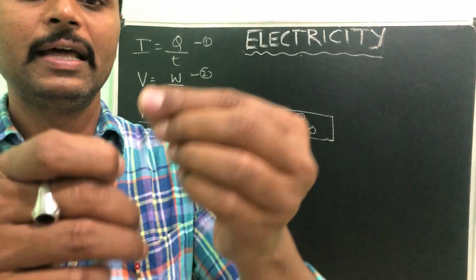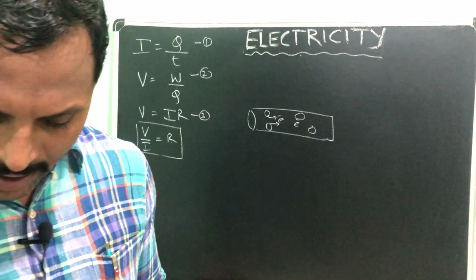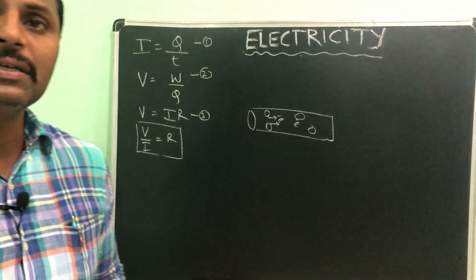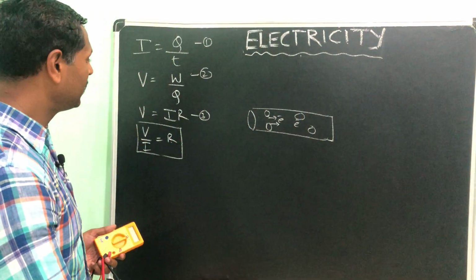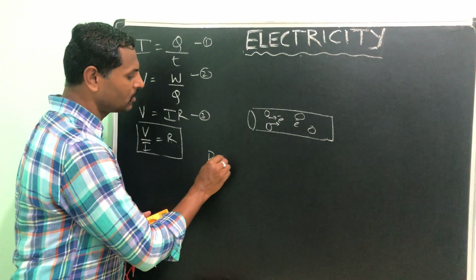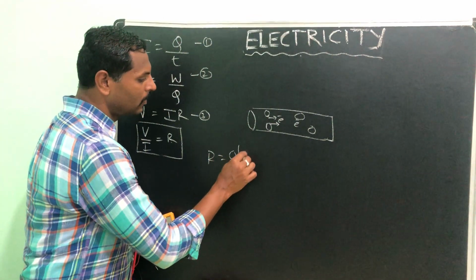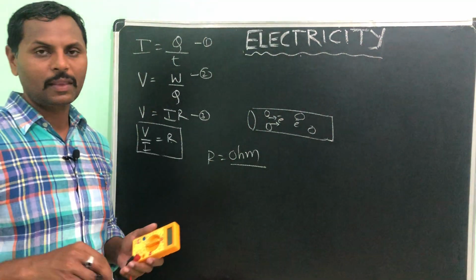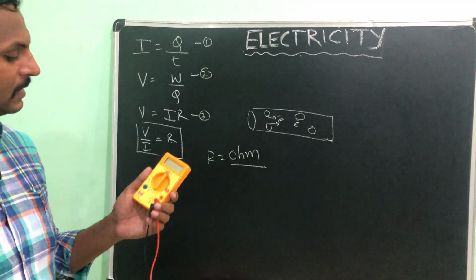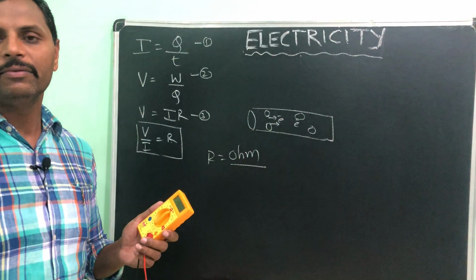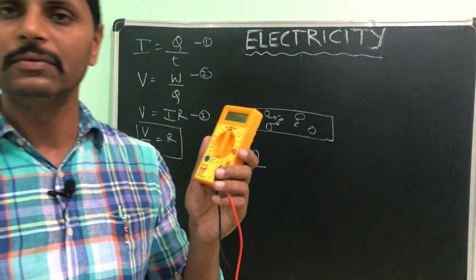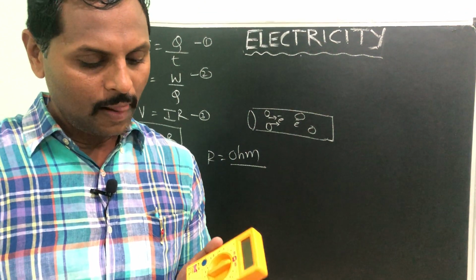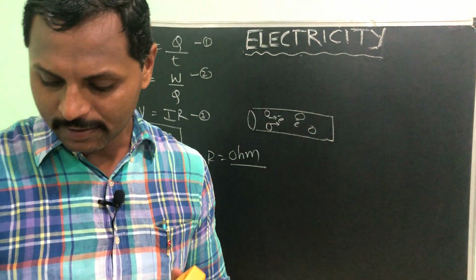These are all resistances, and resistance is measured in terms of ohm. There is a meter to measure the resistance, that we are having right now, the multimeter. With this you can measure the resistance of a resistor.